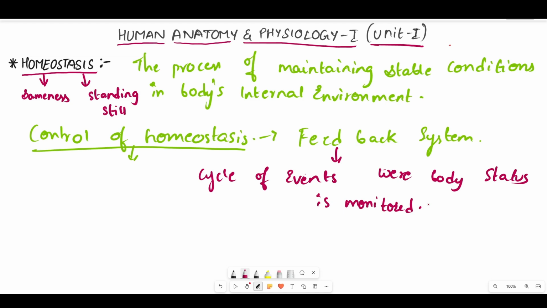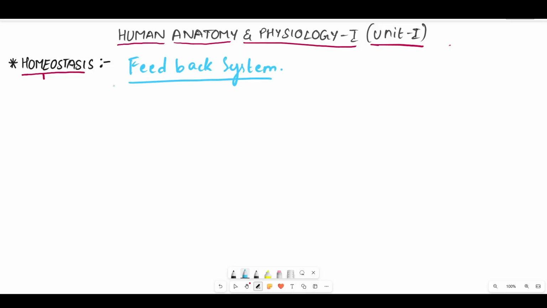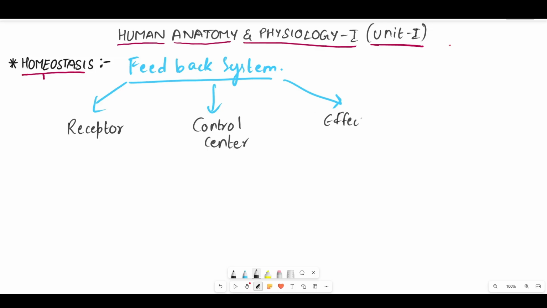That is called the feedback system. Now let us see the main basic components of this feedback system. We have three important components: the first one is the receptor, the second one is the control center, and the third one is the effector. What is a receptor?